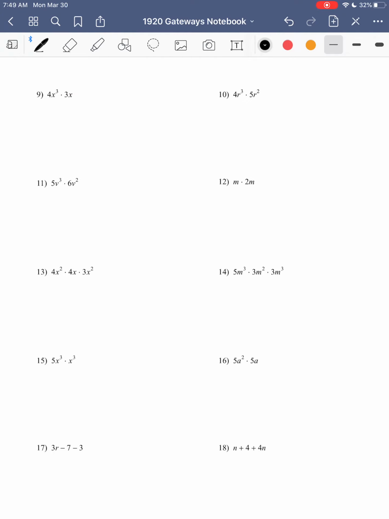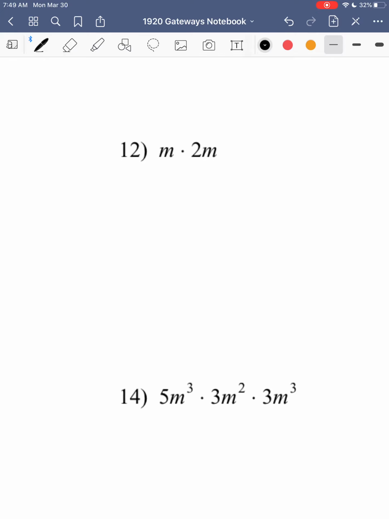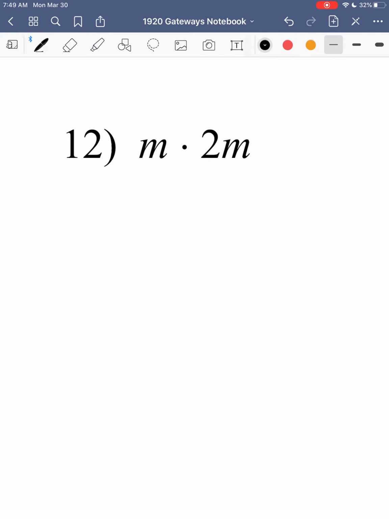Let's get into some situations where, here's a good one. So we have m times 2m. So with every monomial, so this is a monomial times another monomial, which is just going to give us another monomial.